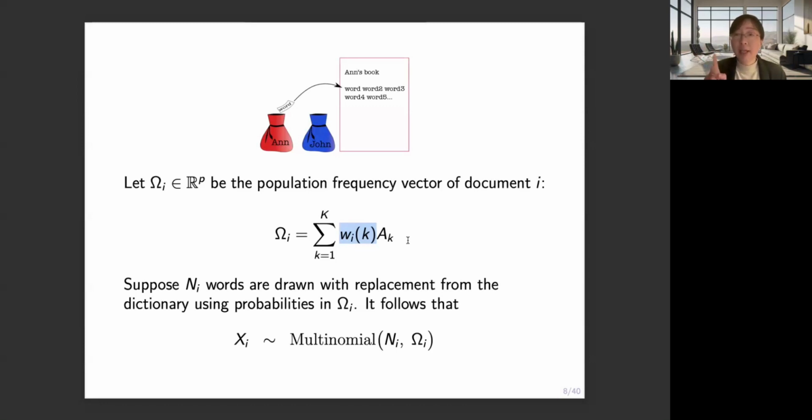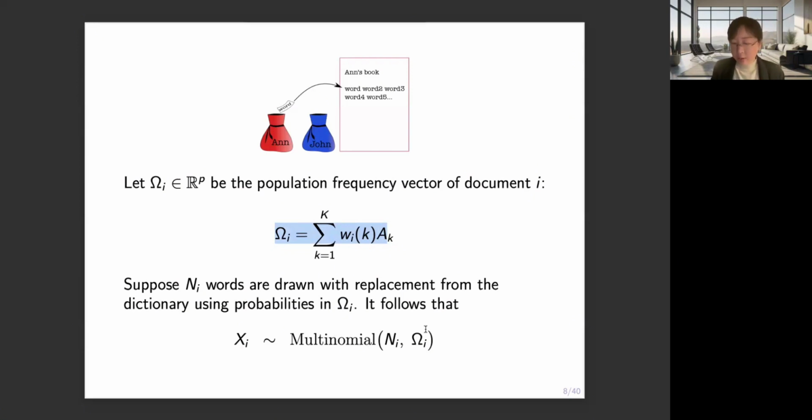In the more general case, this document can have weights on different topics, and then omega_i is a convex combination of the K topic vectors. After we have this omega_i, how do we generate words? We just draw words from the dictionary, sampling with replacement. The sufficient statistics are the word count vector, and it follows a multinomial distribution.